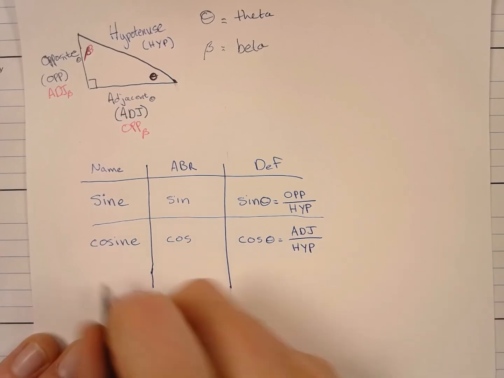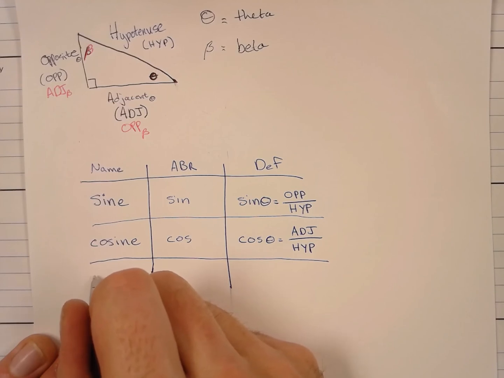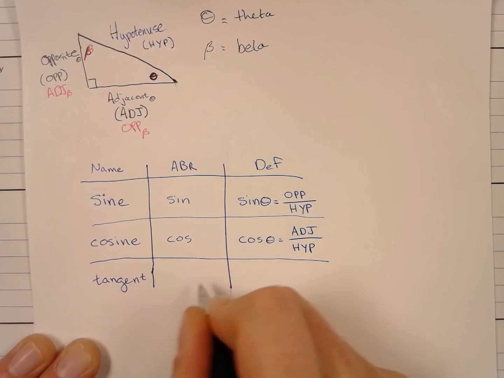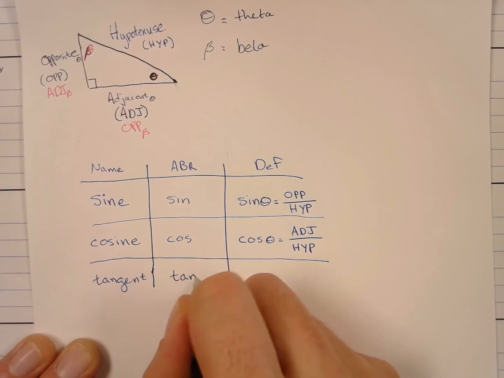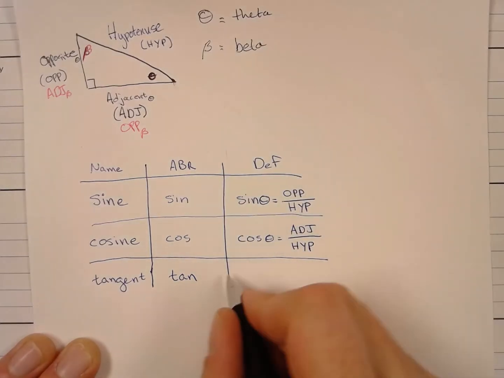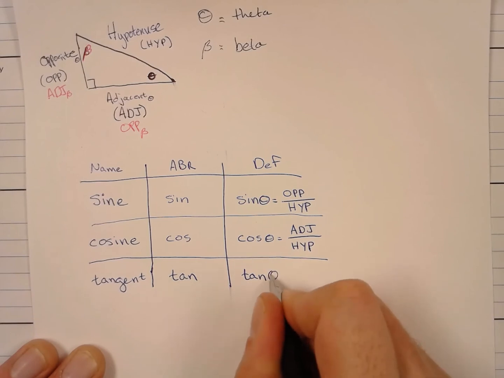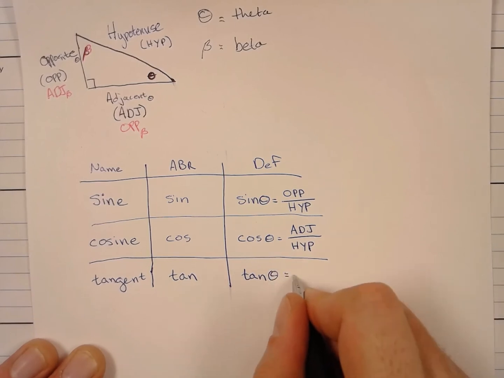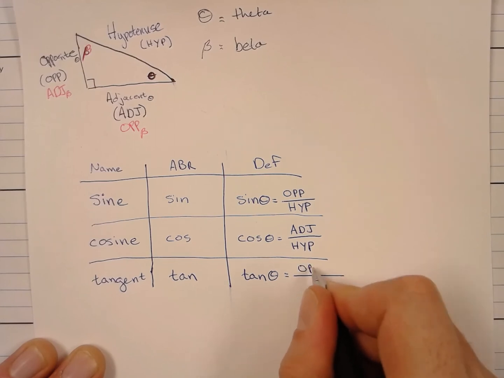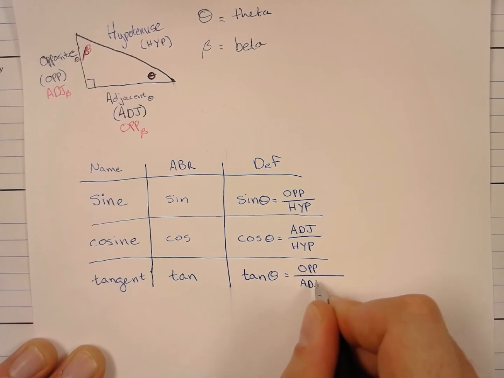And the third trigonometry function that we are going to use is the tangent, abbreviated TAN on your calculator, and the tangent function for right triangles will be defined as follows. The tangent of acute angle theta is equal to the opposite side divided by the adjacent side.